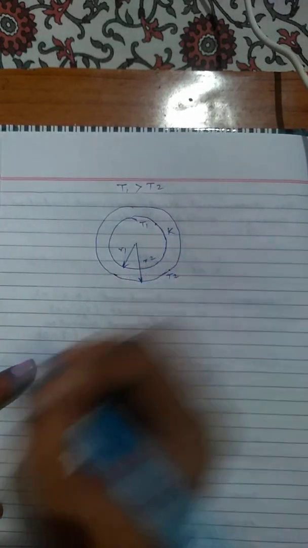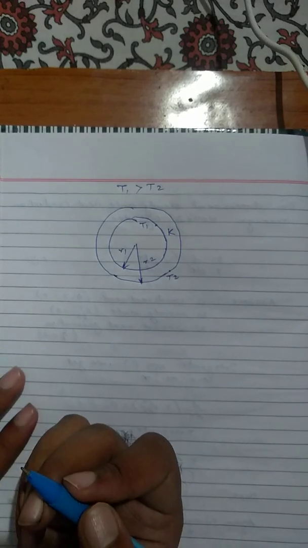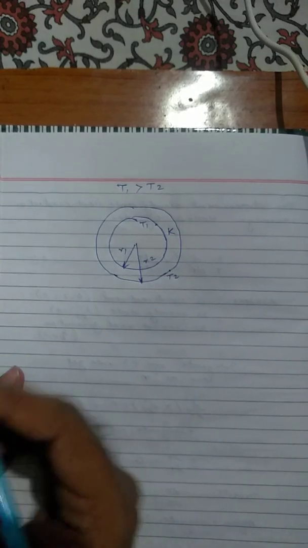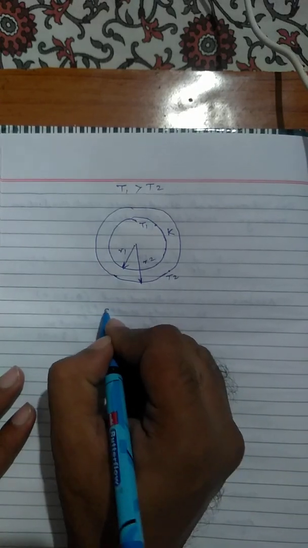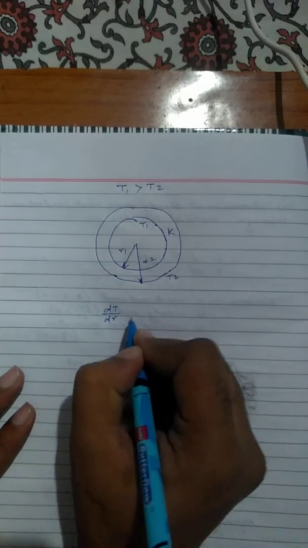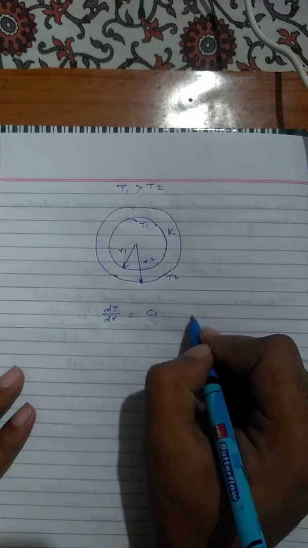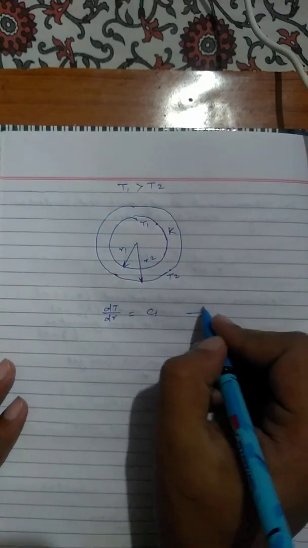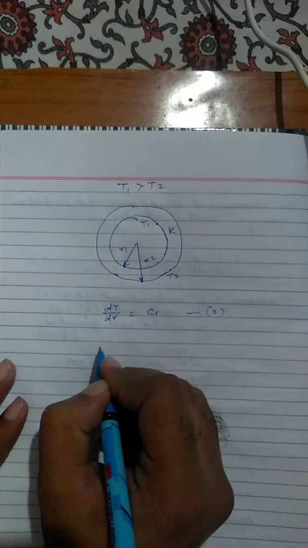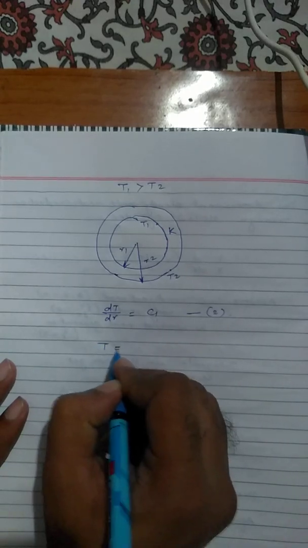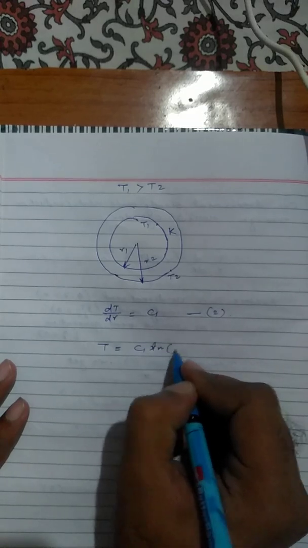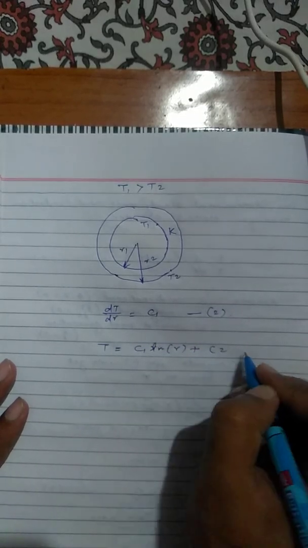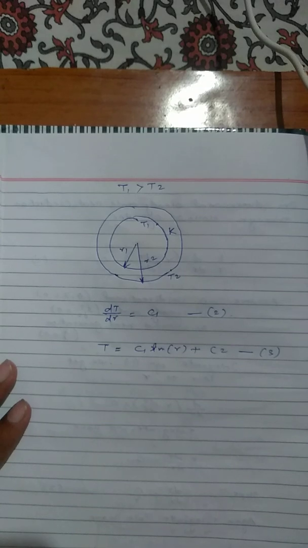Let K be the thermal conductivity of the hollow cylinder material. So from the earlier equation we have dT by dr equal to c1 by r. This was our second equation, and the final equation, the temperature T equal to c1 ln of r plus c2. So this was our third equation.